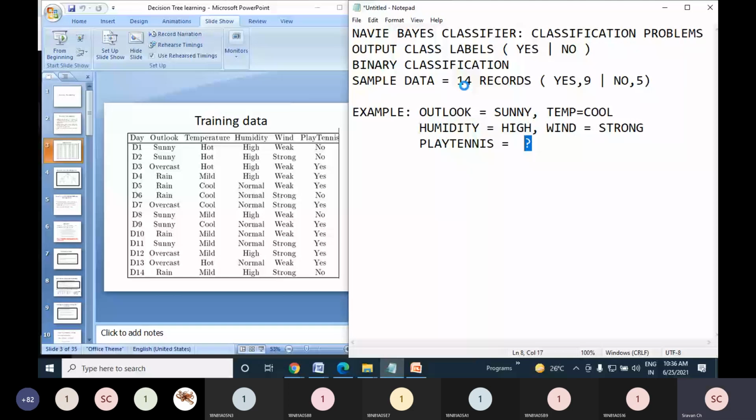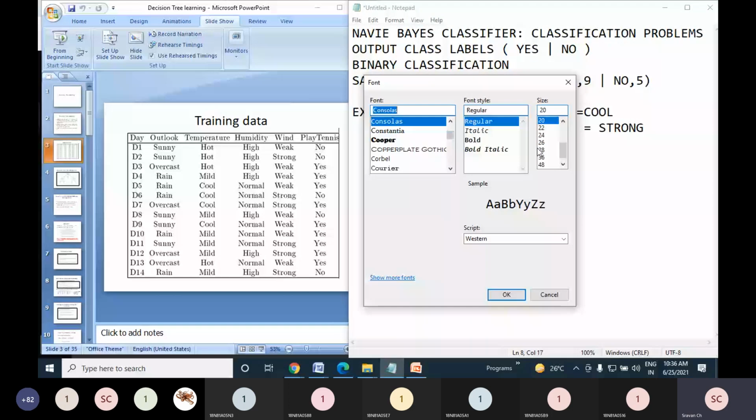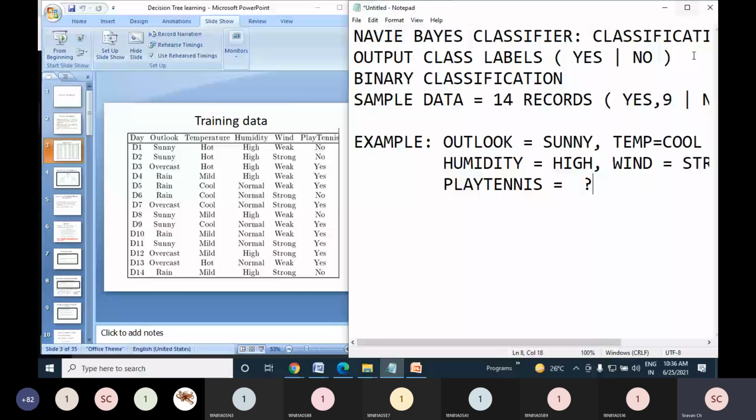Play tennis, this I need to predict. So what is my combination of data?